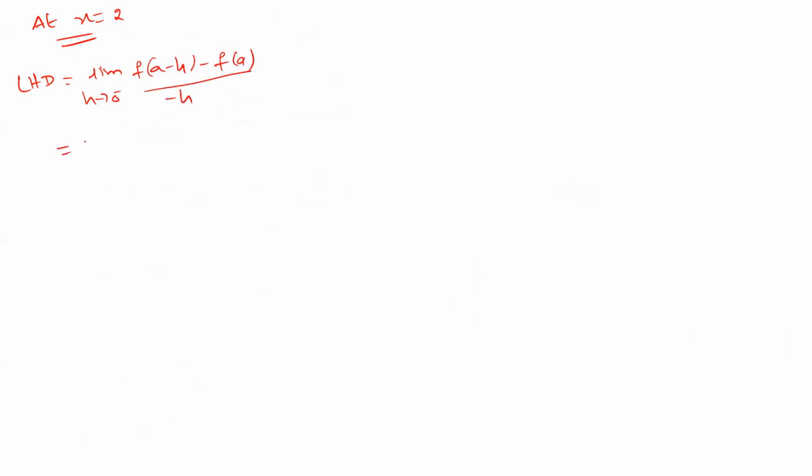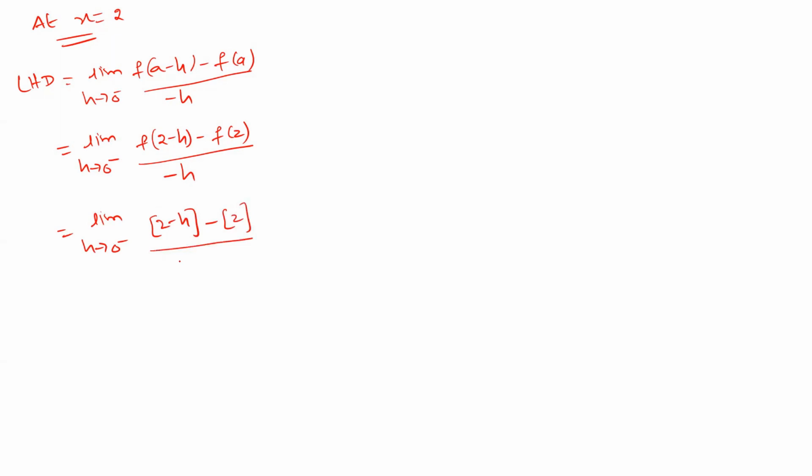So this is equal to limit h tends to 0 minus of f of 2 minus h minus f of 2 divided by minus h. So f of 2 minus h is nothing but the greatest integer function of 2 minus h, minus f of 2, which is nothing but the greatest integer function of 2, divided by minus h here.